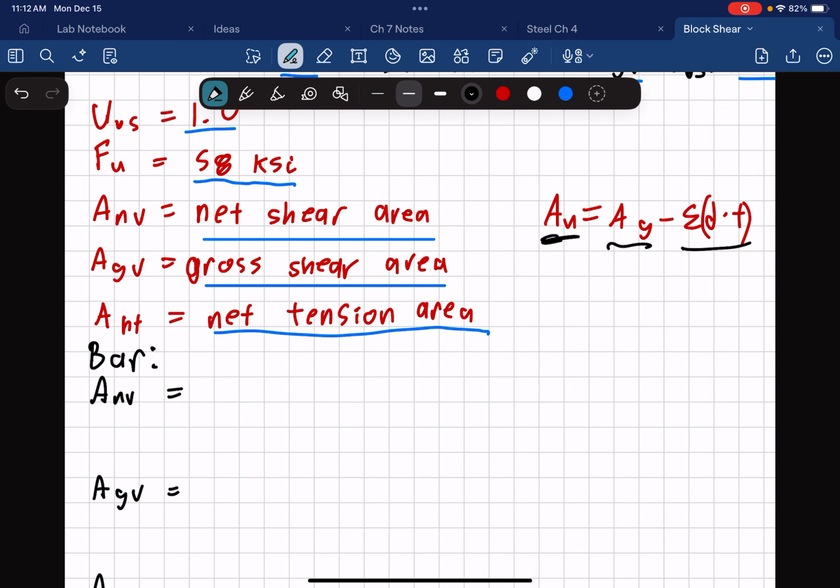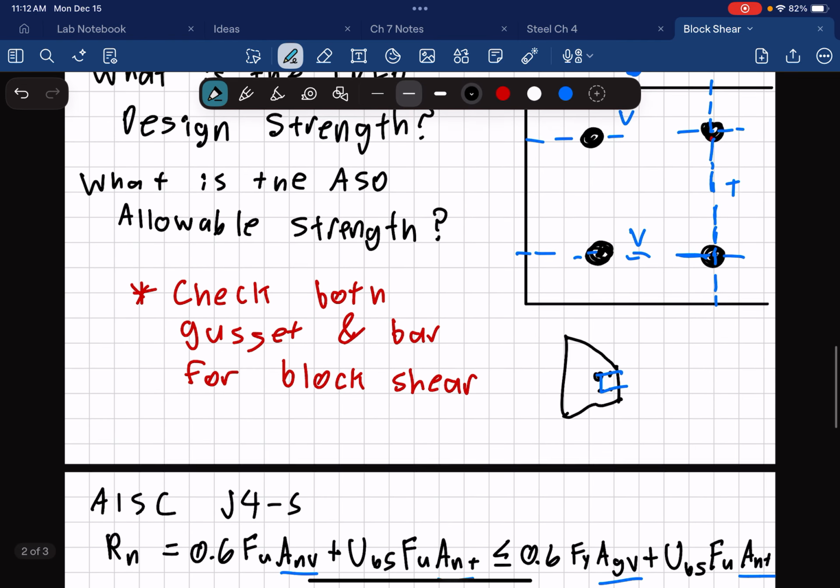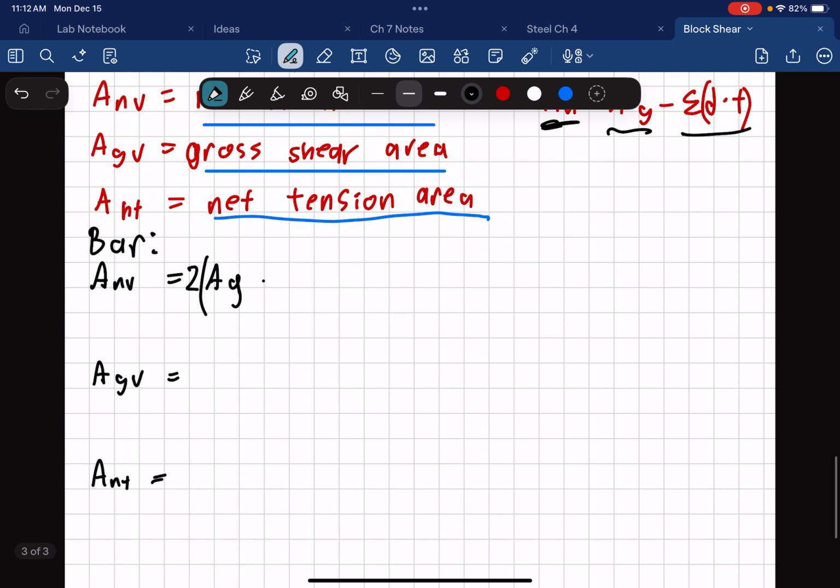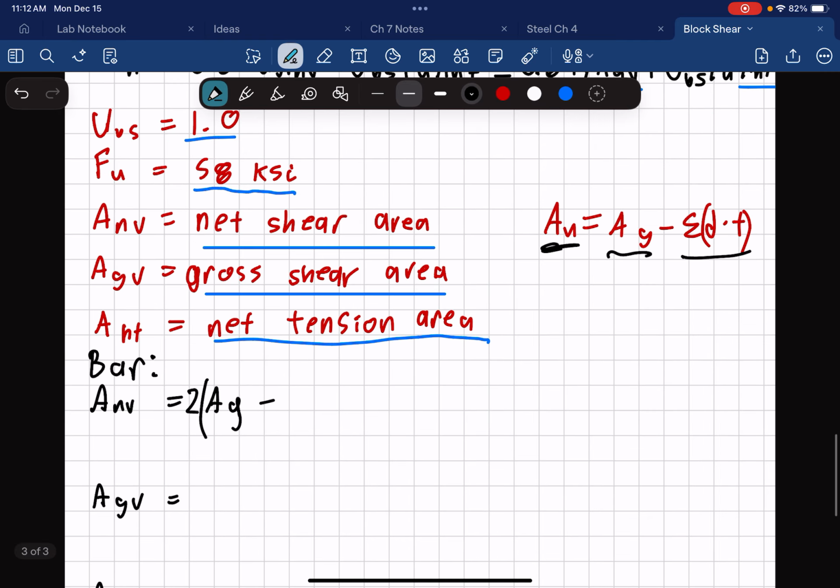So net shear area, we have AG. Mind you, there's two of these shear planes. We have shear 1 and shear 2. So we have 2 times the gross area minus the sum of the diameters times the thicknesses, which is 1.5 times the diameter of the hole times the thickness. That's going to be 2 times our gross area.